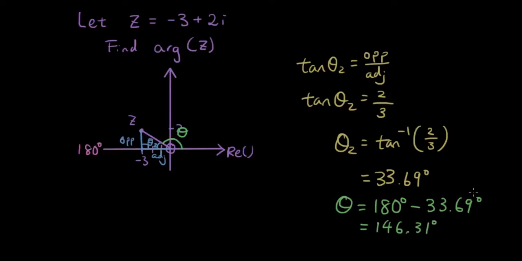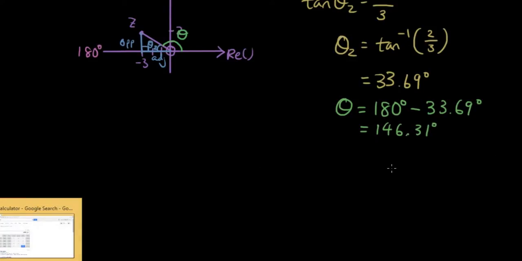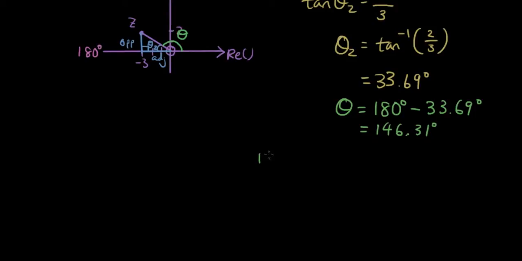Typing that in your calculator, it's 146.31 degrees. And if you want this answer in radians, you can type in the calculator 146.31 degrees divided by 180 times pi, and that will give you the measurement in radians. If you're not sure how to convert between degrees and radians, you should have a look at our other video on radians and degrees conversion.